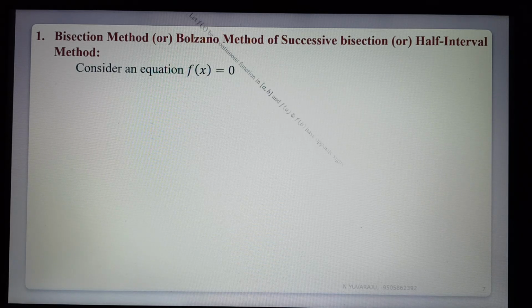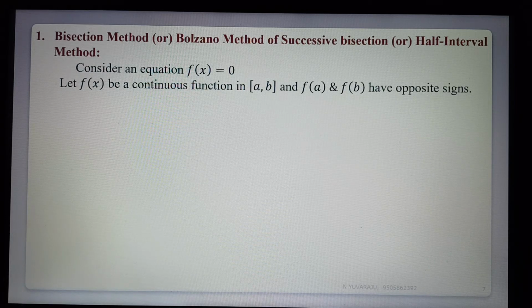Let f of x be a continuous function in the interval a comma b such that f of a and f of b have opposite signs. So the root must be between a and b. The function values f of a and f of b must have opposite signs.